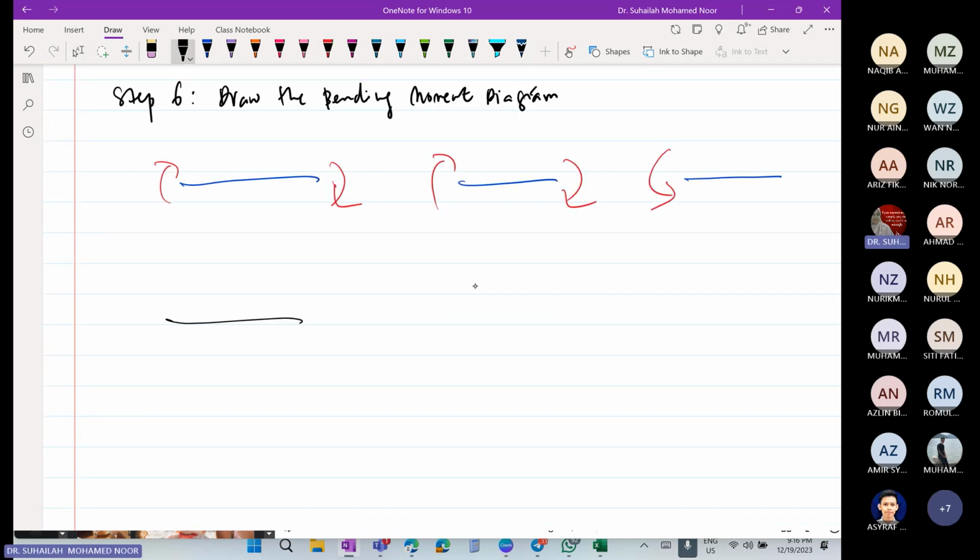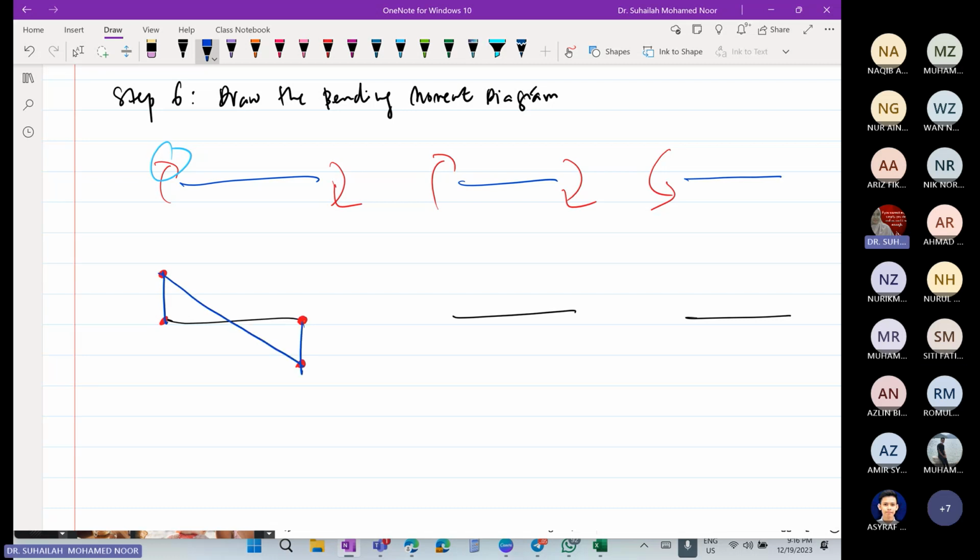Means that in the diagram, where is the point? Start with 0. The second point is here. We just need to refer to this, and then this is the last point. We just need to refer to the arrow, and then join the dots.